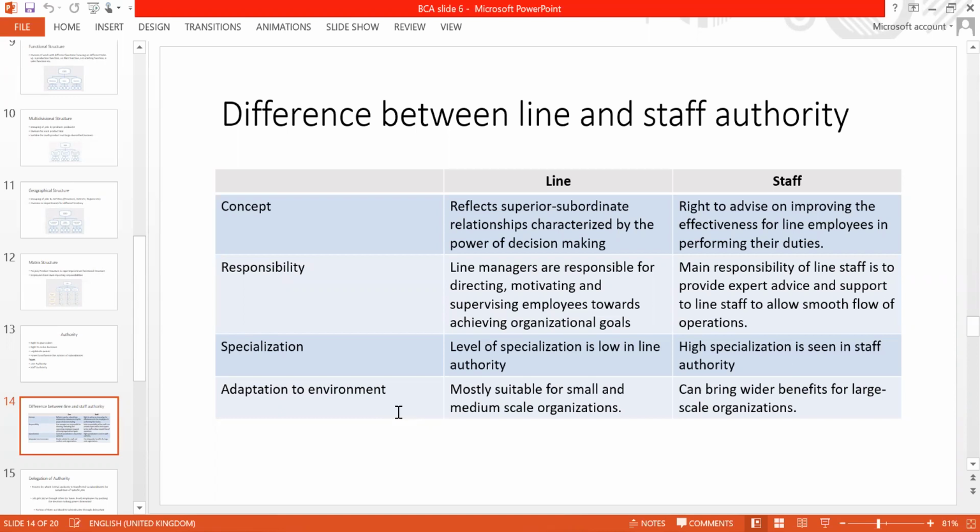So they have got this right to order the subordinates.